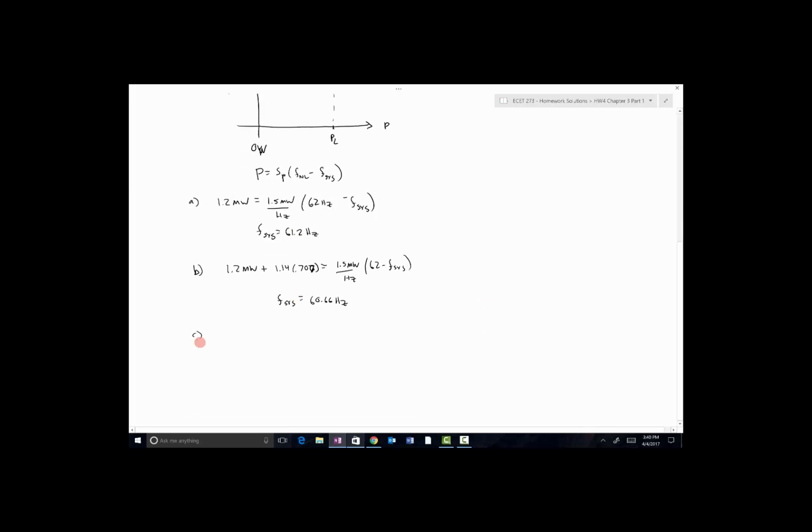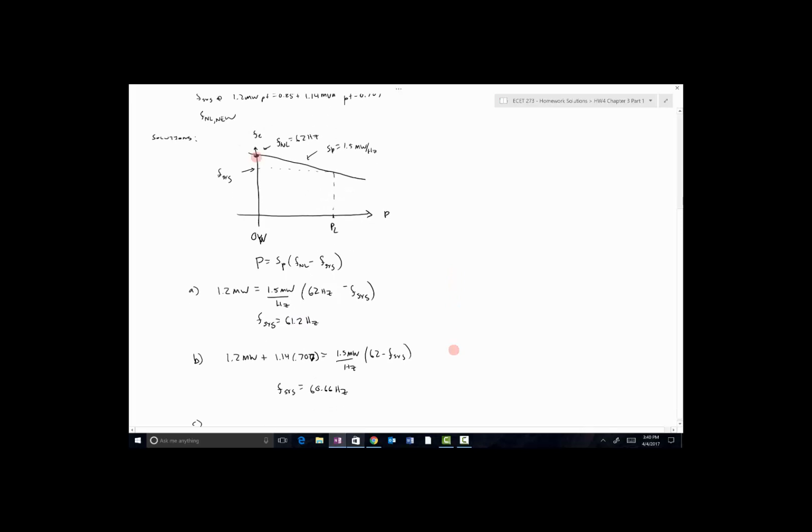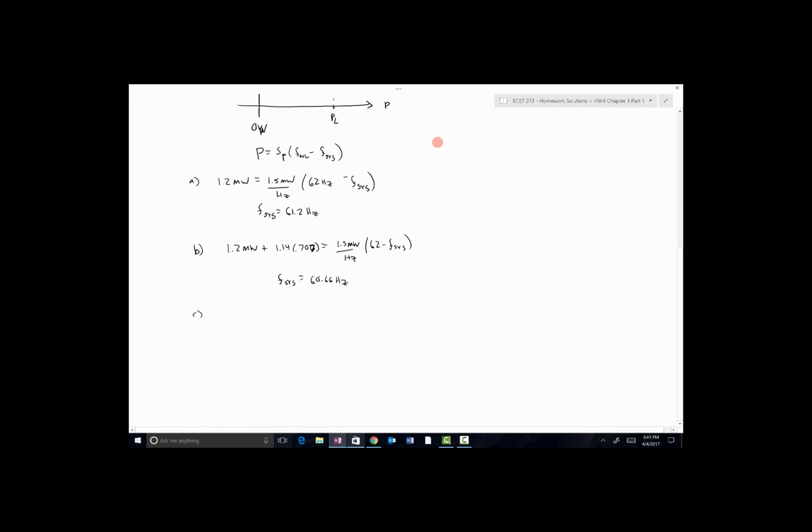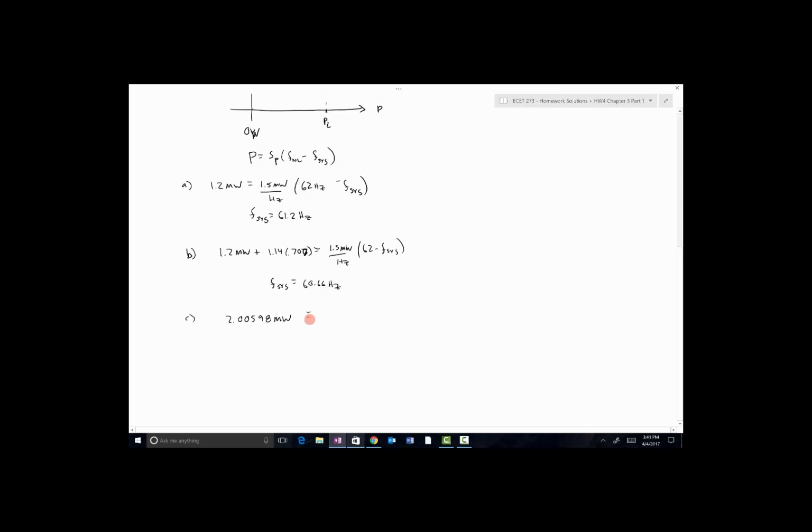So in part C, we're asked, okay, well maybe we wanted the frequency to be at 61.2 hertz for some reason. What do we have to do to change it? Well, the thing that we can change in this diagram is we can move this line up and down. We could have a different line right here. Can't change the slope, that's fixed, but we can move where it intersects by just increasing the torque provided by the prime mover. So we've got these two powers together, which if you add those together, it's 2.00598 megawatts. That's going to be equal to 1.5 megawatts per hertz times the quantity F_NL minus F_sys.